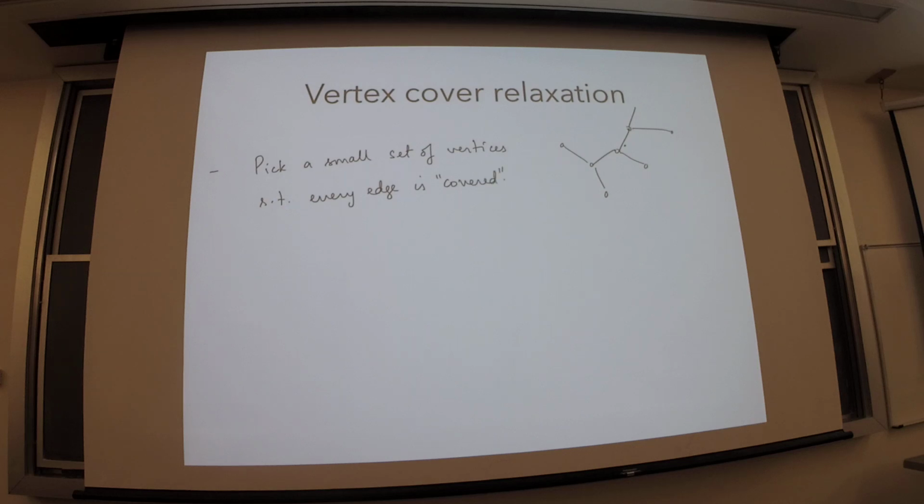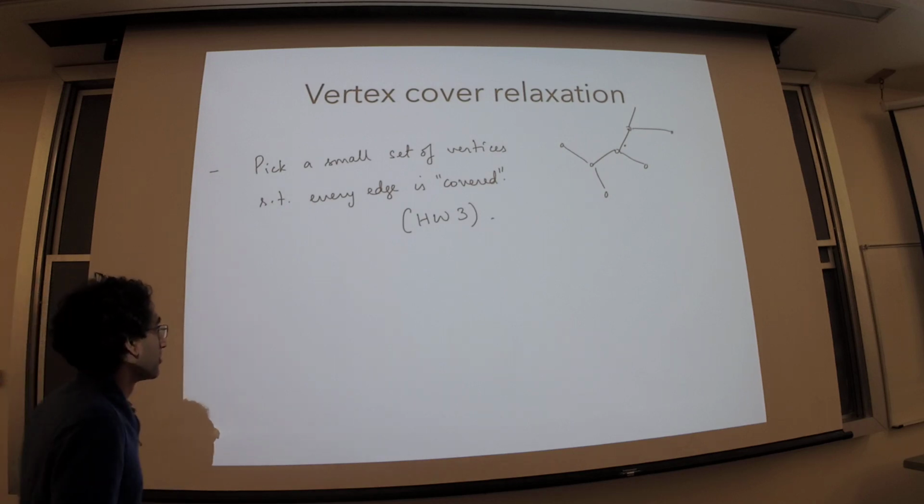So this is what we did in a couple of homeworks ago. We said that you want to monitor some roads, and you can monitor a road if you have a camera at one of the endpoints. And abstractly, this is the problem.